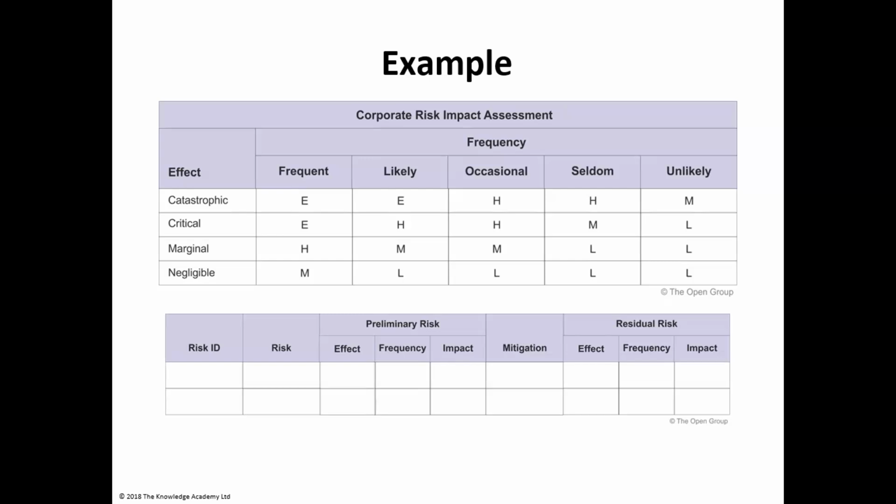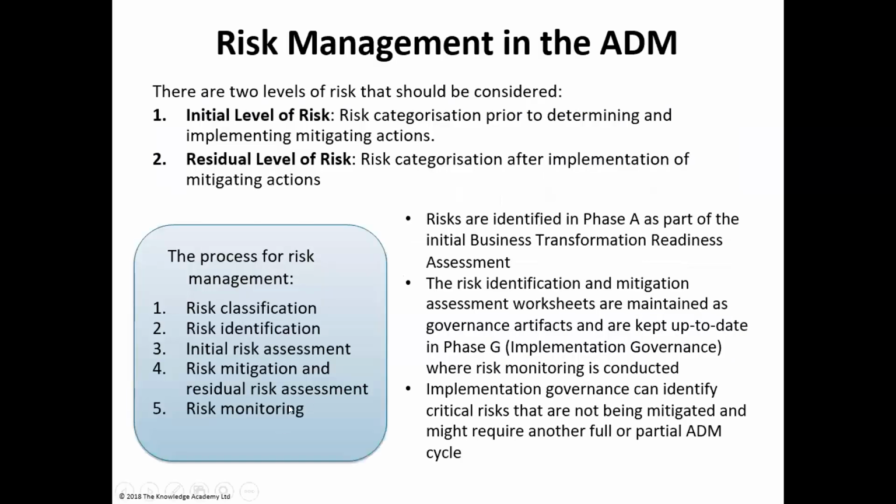Now, coming to the next one, called risk mitigation and residual risk assessment. We mitigate the risk. If you say risk mitigation, what exactly we do is you identify the risk, you plan for the risk, and you take the right action to mitigate it.